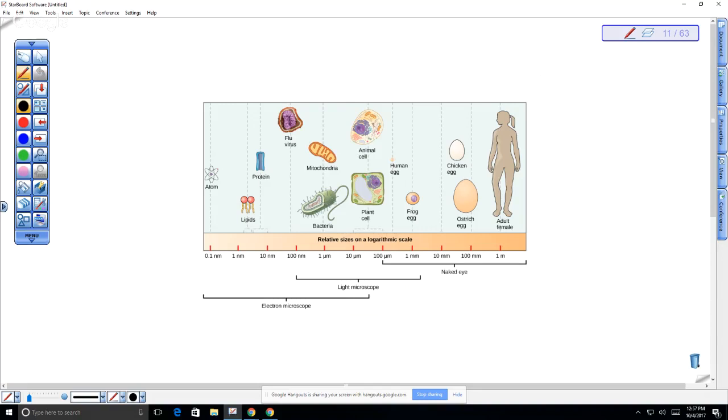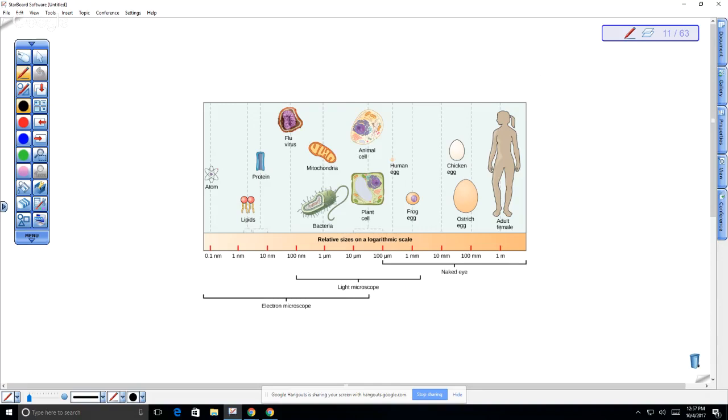Remember we talked about micrometers. We tried to estimate the size of our cheek cells. Our cheek cells were maybe 40 micrometers. So they would be right here, which is where plant cells and animal cells fall.